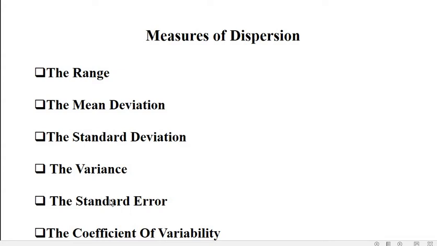The coefficient of variability معامل الاختلاف. These 6 measurements we can use to measure the dispersion of observations around their mean, either in a sample or in a population.